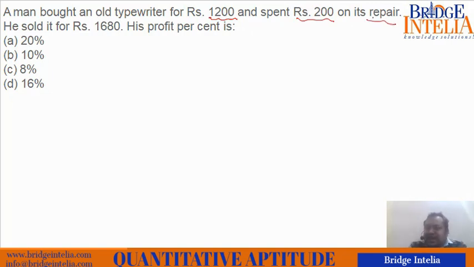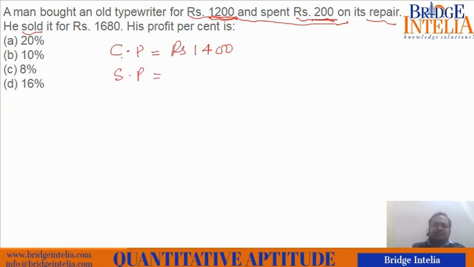Because he has sold it, he is doing a business, so his total expenditure over that typewriter is rupees 1400. So the cost price will not be 1200 only. This 200 will also have to be added to it. So cost price is equal to rupees 1400.